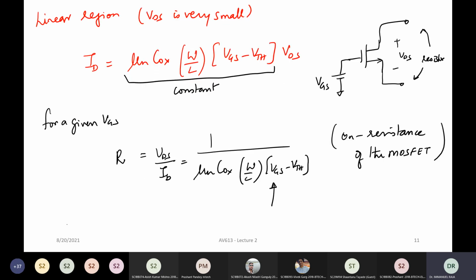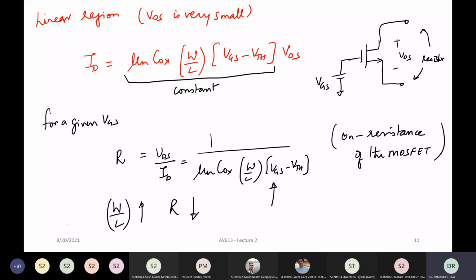Another thing you can talk about here is that as the W by L ratio, that is the width to length ratio of the MOSFET, increases, what happens to the resistance? It decreases. All right. So let's say you're designing a switch. We will look at those examples also. Let's say you want the on resistance of the switch to be really low.